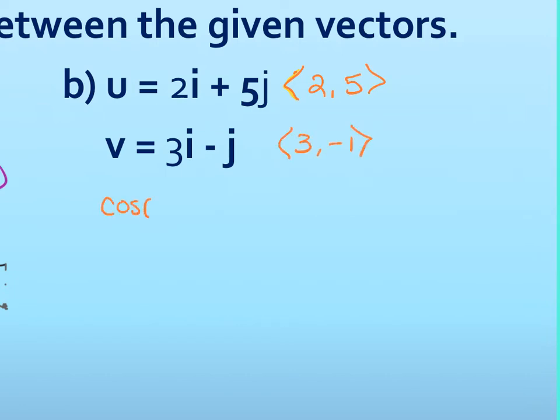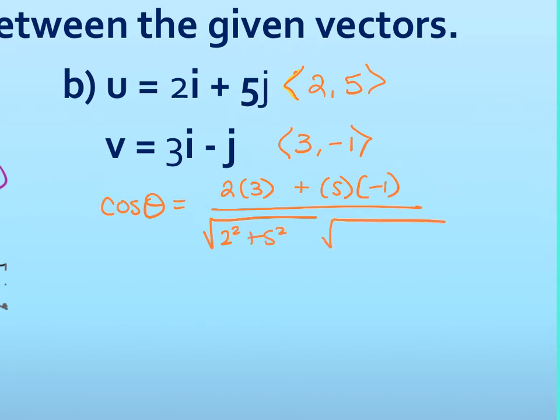So cosine of theta would equal 2 times 3 plus 5 times negative 1 over the magnitude of u, which is square root of 2 squared plus 5 squared, times the magnitude of v, 3 squared plus negative 1 squared. So in the numerator, I get 6 plus negative 5, which is 1 over, this is the square root of 4 plus 25, or square root 29. This is 9 plus 1, or the square root of 10.